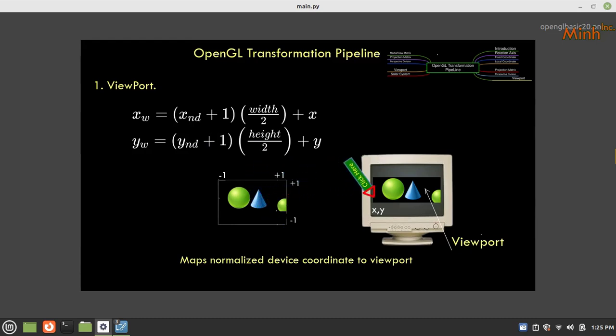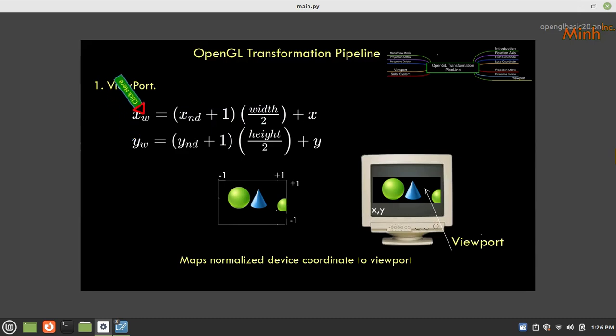This will get mapped to the actual window where bottom left is x, y, and this is height and this is width. And then the computation would happen like this. Whatever the normalized device coordinate x, whatever y normalized plus 1, height by 2, width by 2, and x and y. Whatever comes, that will be xw and yw.